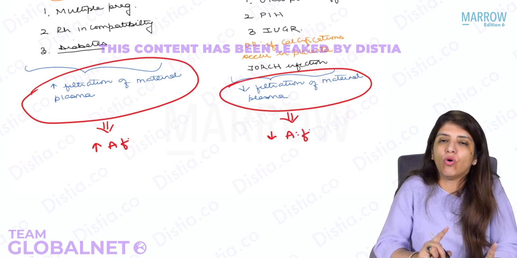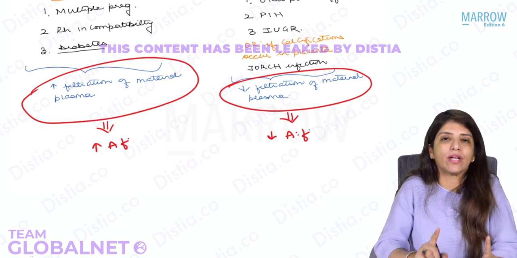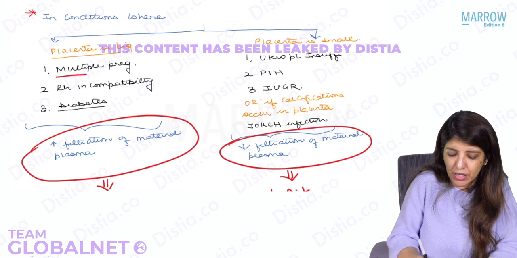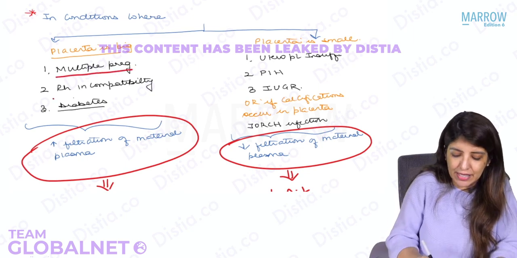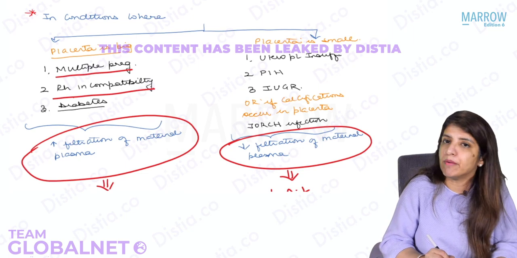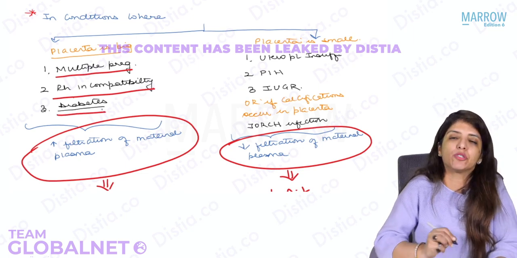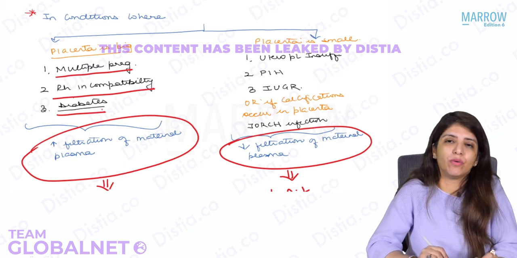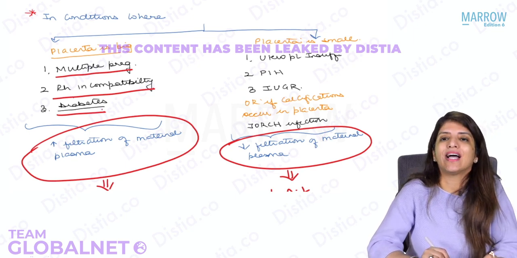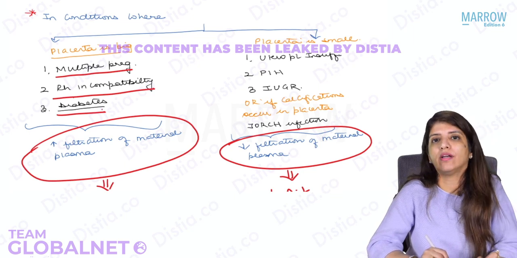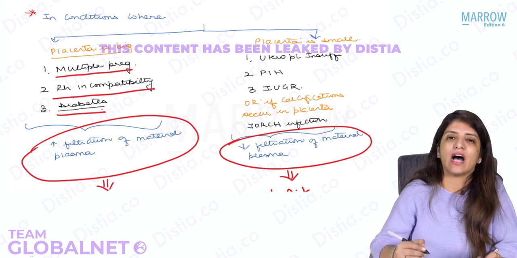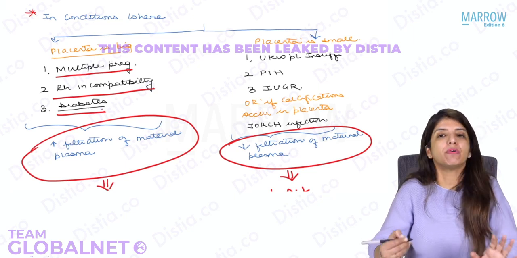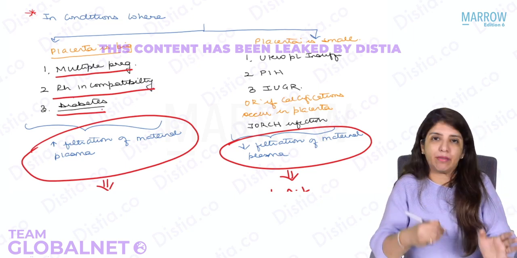Now, in the video on placenta, I told you what are the conditions in which placenta is big. I told you that placenta is big in multiple pregnancy, in RH incompatibility, and in diabetic patients. Right? Now, one more thing I want to point out here is that I think in the video on placentomegaly, I said RH negative pregnancy. See, wherever we say RH negative pregnancy, we mean RH incompatibility.